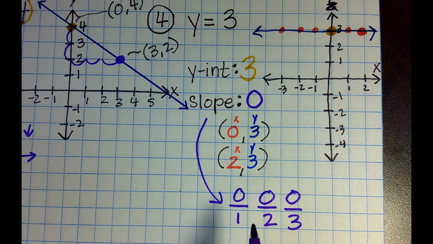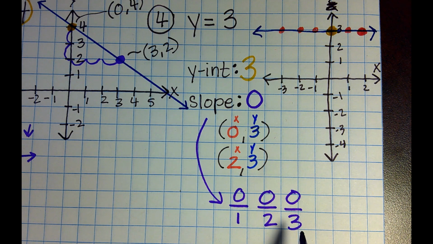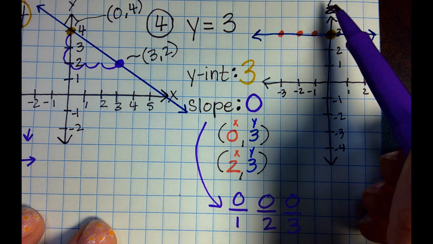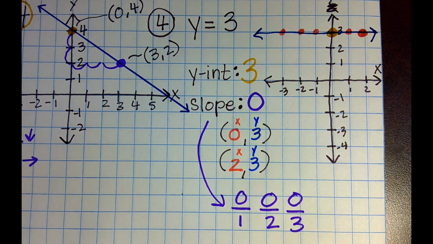Like I'm giving 0 of something to one person. How much does that one person have? 0. If I have 0 and I split it up between 2 people, how much does each person get? Nothing. 0. 0 and I split it up between 3 people. They all get nothing. It's still 0. So we're going up 0 and we're going over left to right forever and ever and ever. It does not matter what number's on the bottom. Our slope is going to be 0.